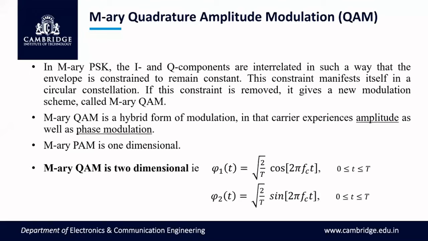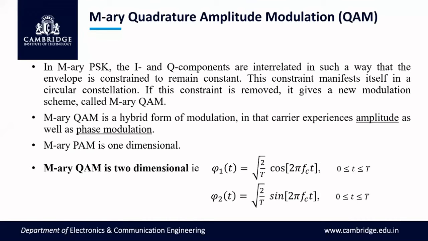The amplitude is changing from symbol to symbol, so you don't get a circular constellation. A circular constellation is obtained only if the amplitude is kept constant. In this discussion, you don't expect a circular constellation. The constellation is going to be something like a square constellation, because the amplitude varies.